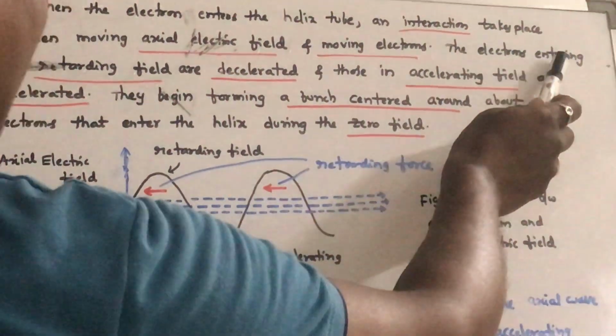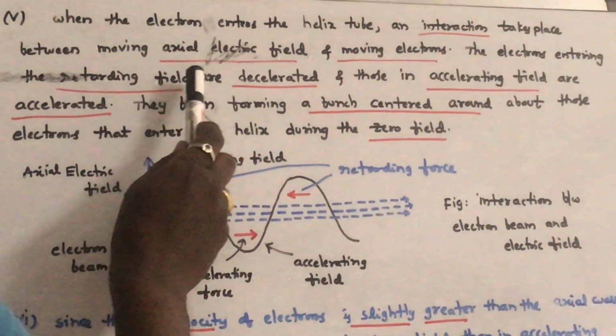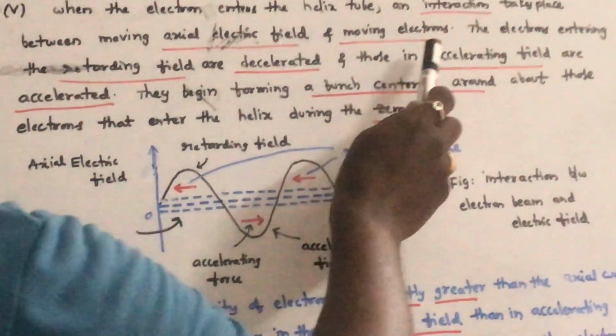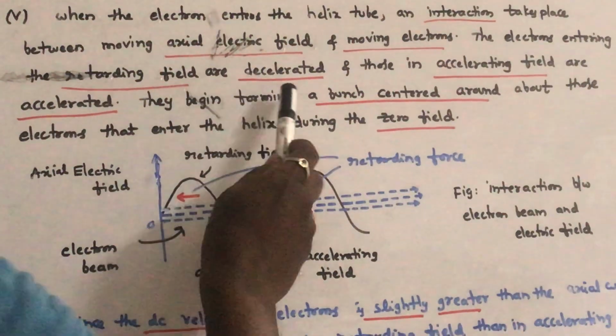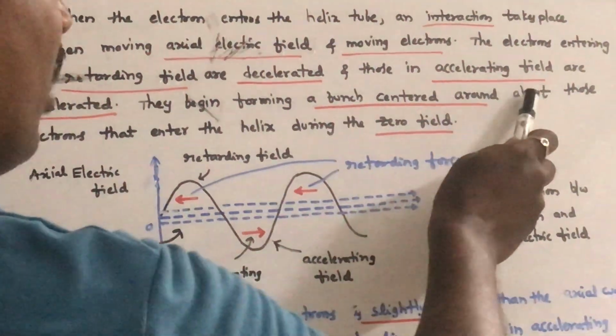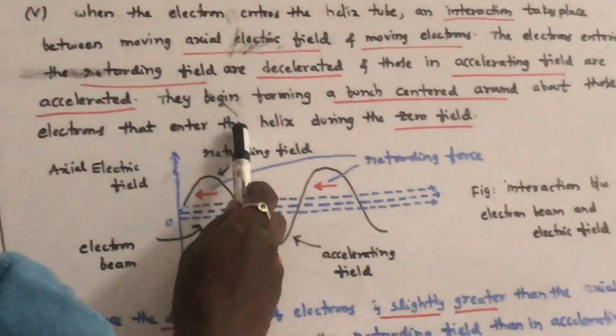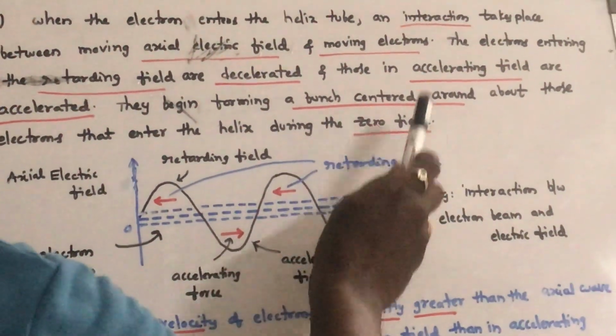The electrons entering the retarding field are decelerated, and those in the accelerating field are accelerated. They begin to form bunches centered around those electrons that enter the helix during the zero axial field.